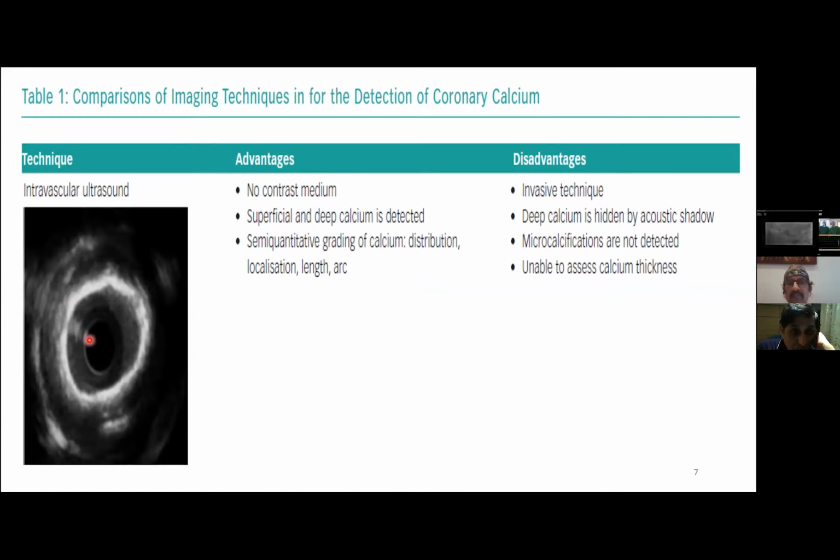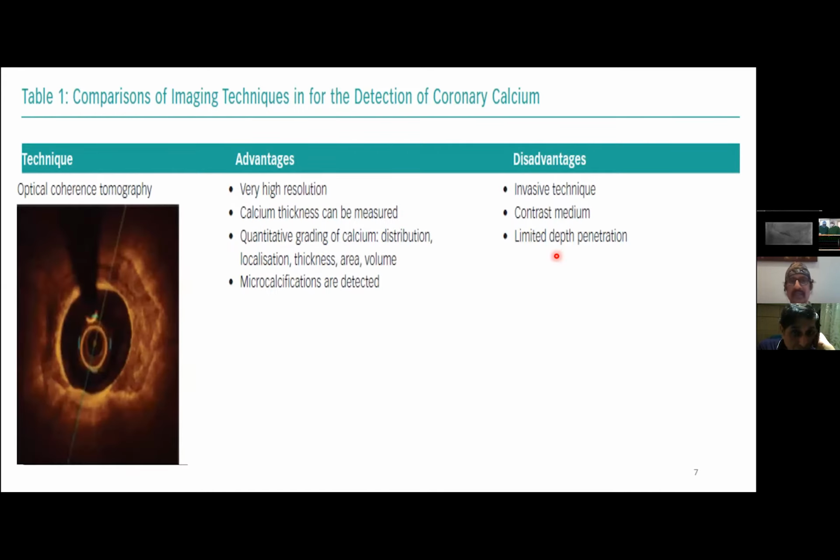So IVUS is easy to pick up, actually. There is no contrast during IVUS, so this is an advantage of IVUS over OCT. However, microcalcifications are not easily detected on IVUS. But in general, before OCT, it was always IVUS which helped us to decide.